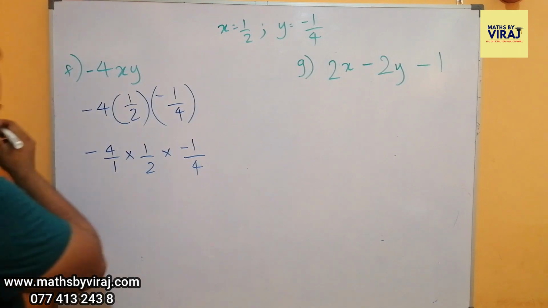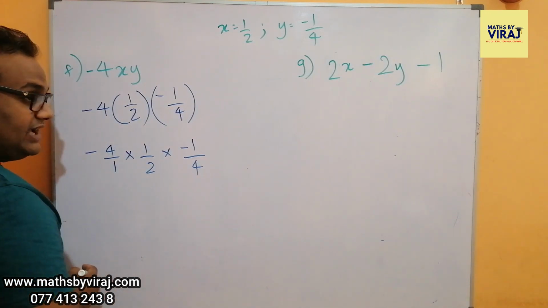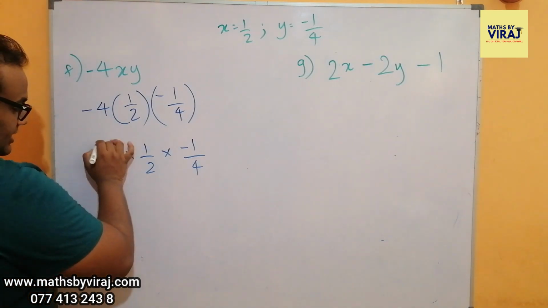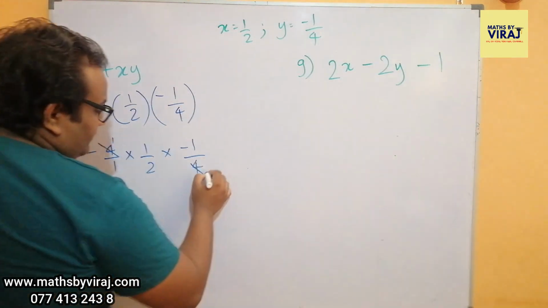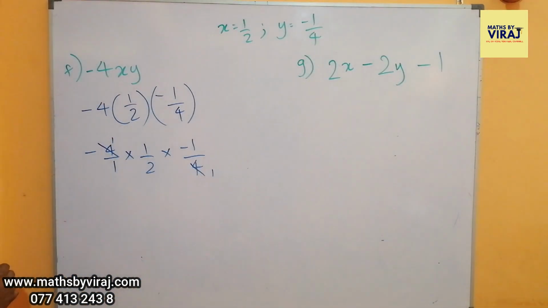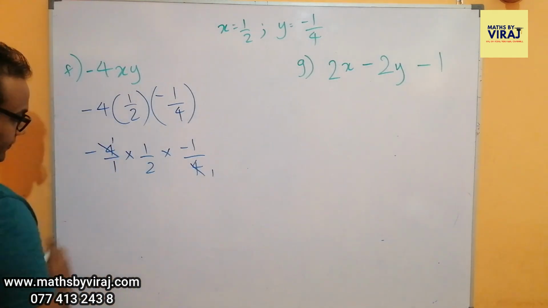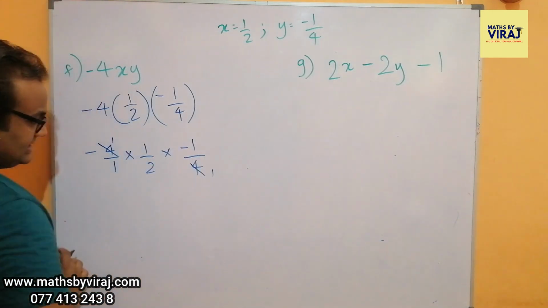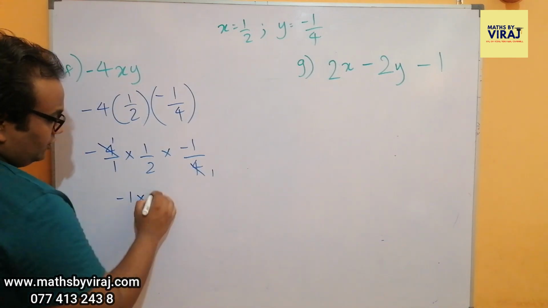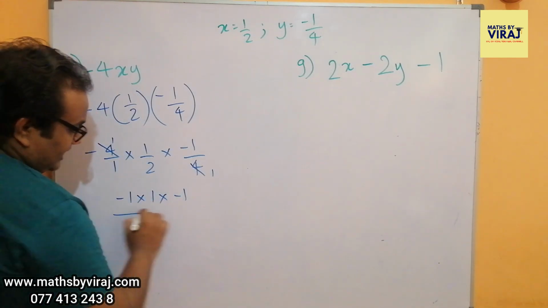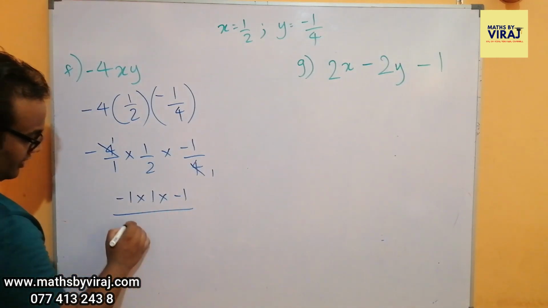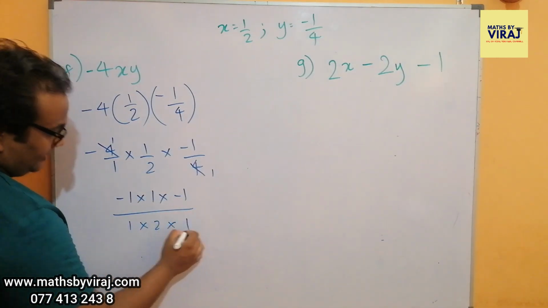Very easy. Now, what we can do is we can simplify 4 times 1 and 4 times 1. We can simplify the numerators and the denominators. Therefore, on the numerators we have minus 1 into minus 1. In the denominator we have 1 into 2 into 1.